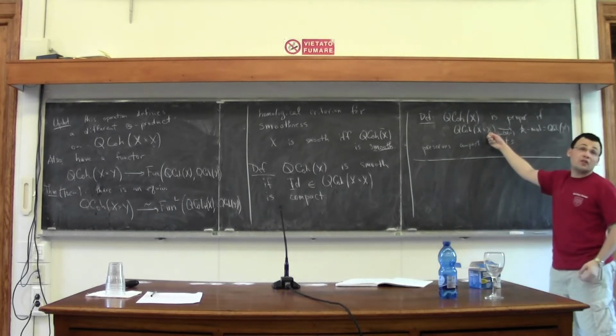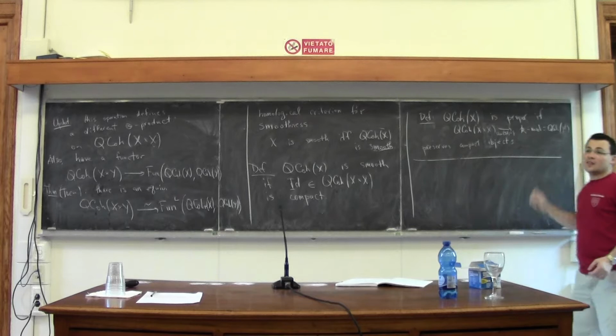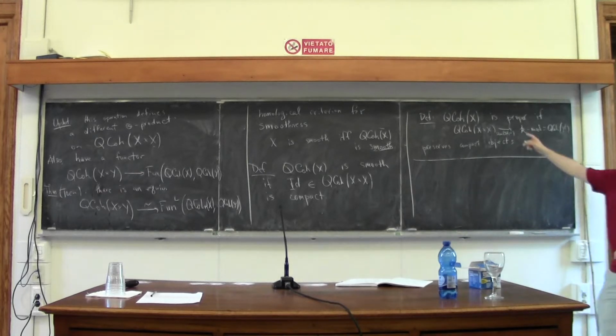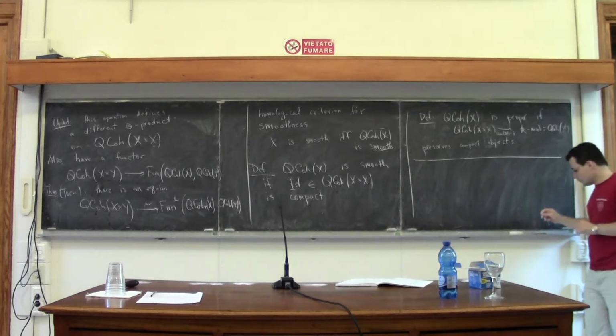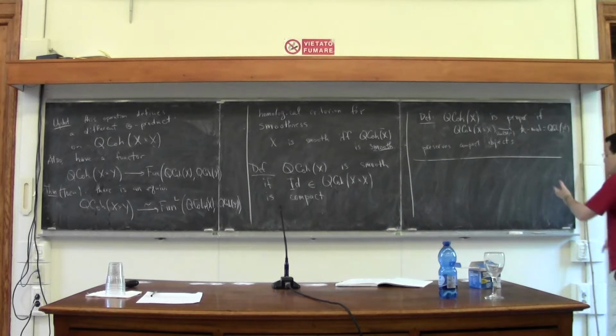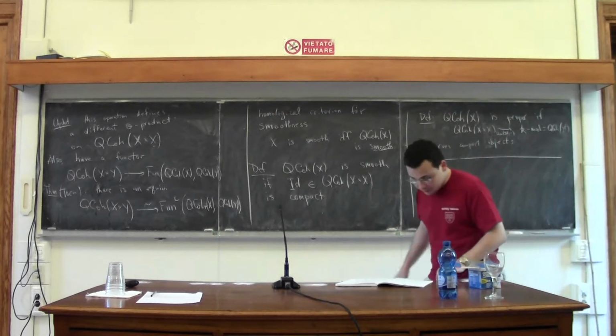Whereas in this category there is. So sorry, hom out of the identity functor. That's some version of global sections. Anyway, I hope I didn't screw that up anymore.